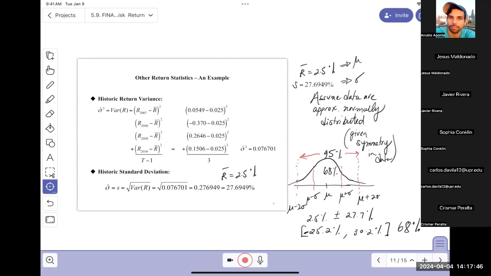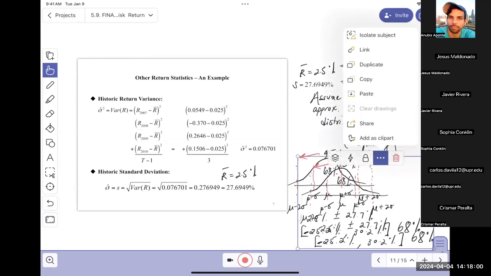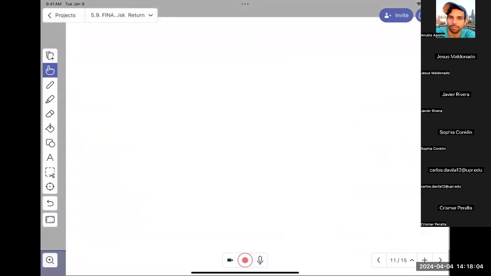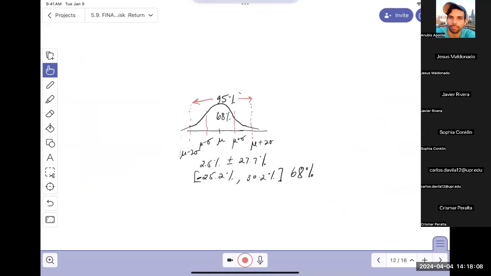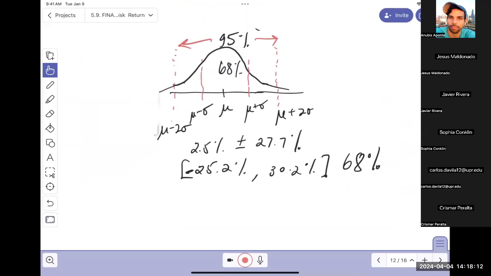And within 3 standard deviations, what about 3 standard deviations?